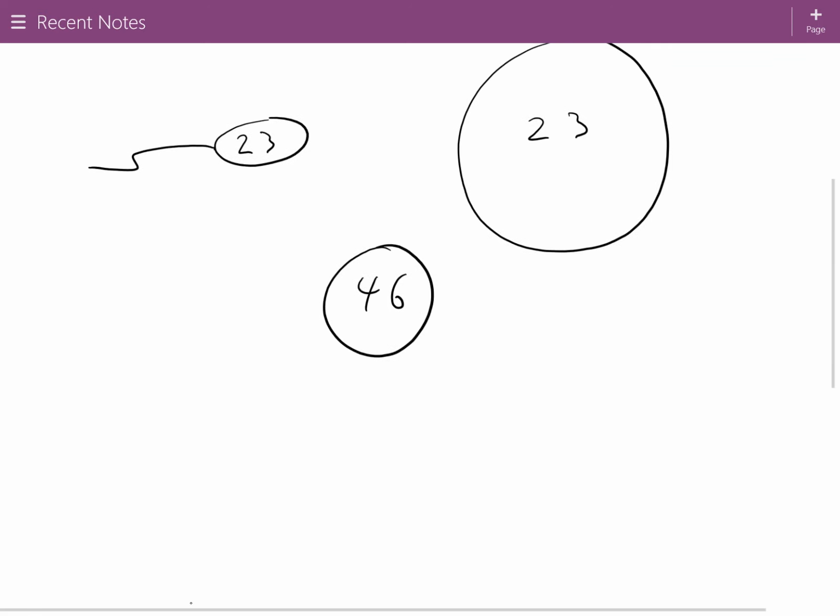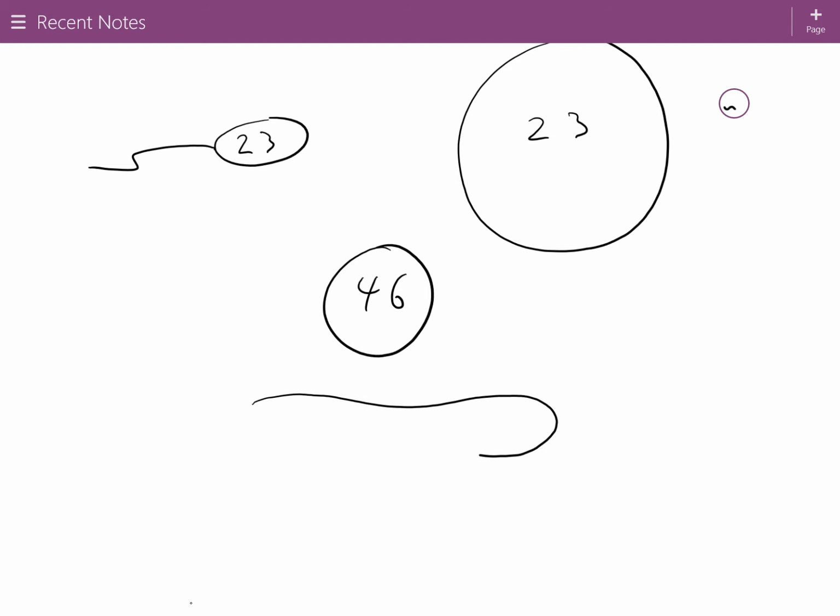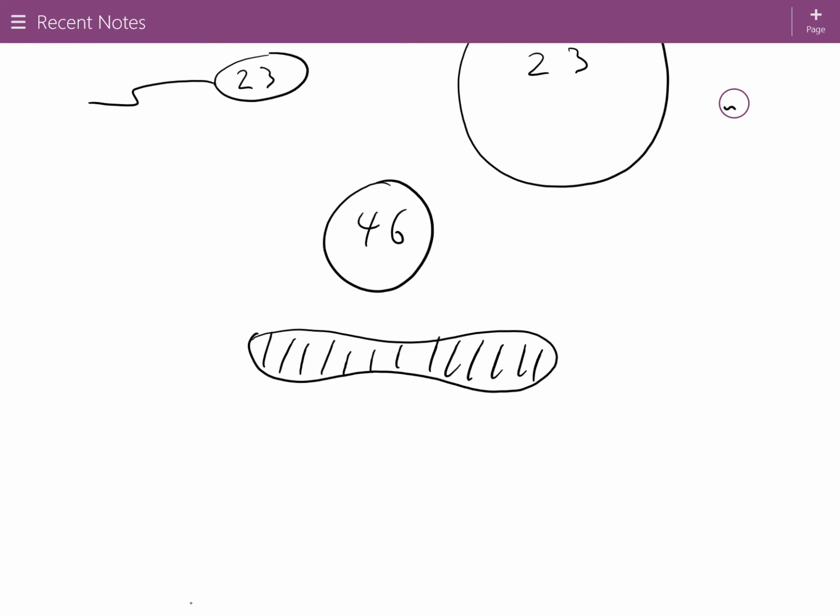So let's look at the chromosome in more detail. Here's a chromosome, which is a bundle of DNA. We have 46 chromosomes in a human being. If it's a sperm cell, there's only 23, and an egg cell, only 23. A little section like this of the chromosome we call a gene.